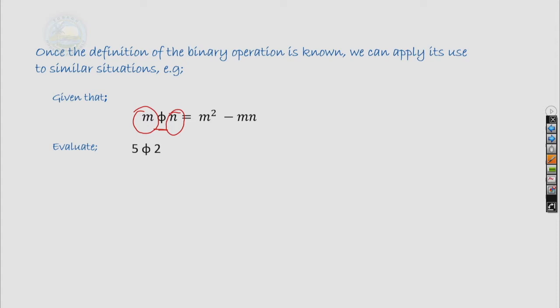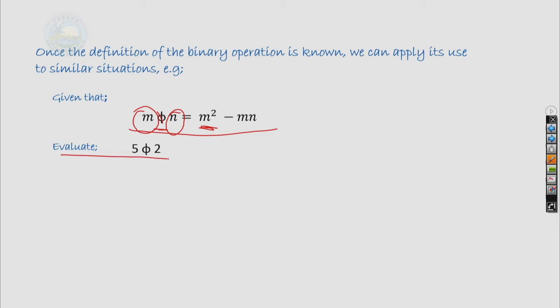Based on the definition here, whatever is in front of the binary operation is squared, as we see the m is squared, and what comes after, we multiply it by what comes before the binary operation and then subtract it from the square of what comes first. So now they define the binary operation for us, and then they ask us to evaluate 5, the binary operation 2.